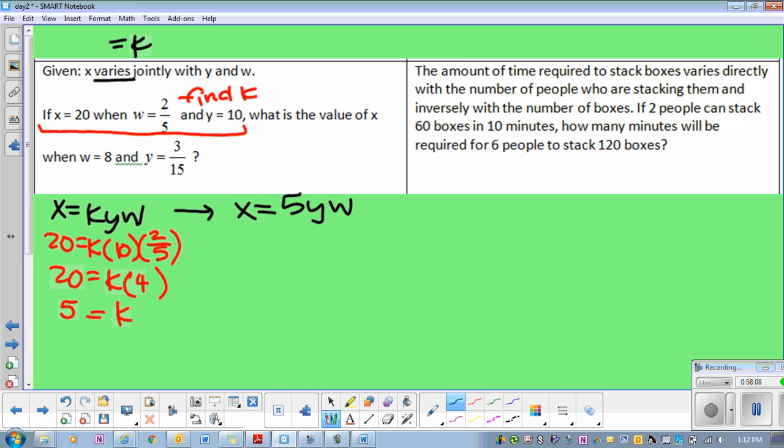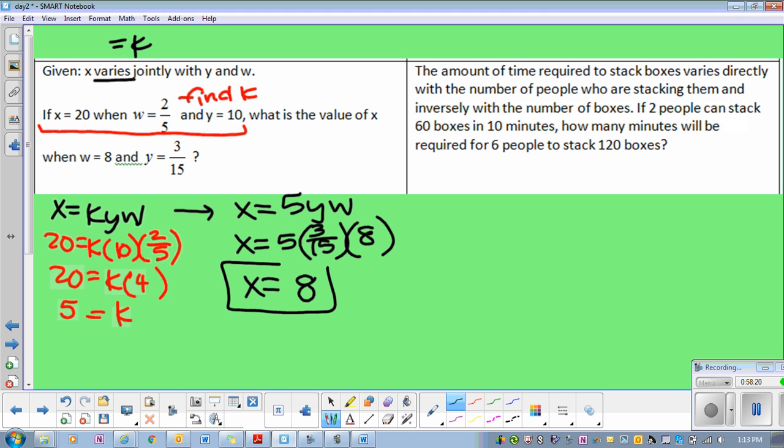Is it 8? 3 over 15 times 8. X equals 8. Good. So x equals 8. And no multiple choice. Guys, this might be one where you have to type in the answer. Alright? Look at the next one.